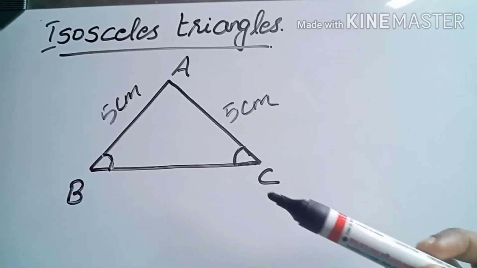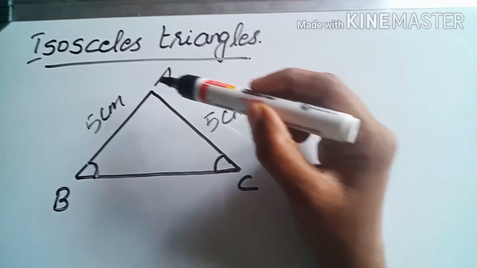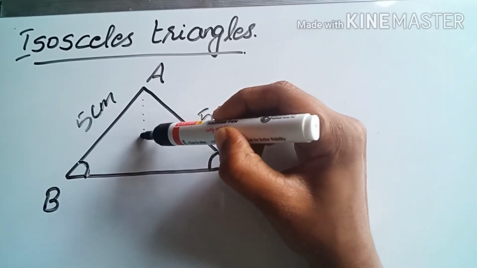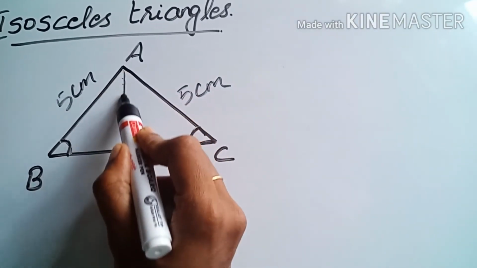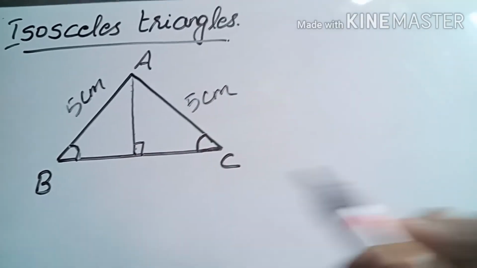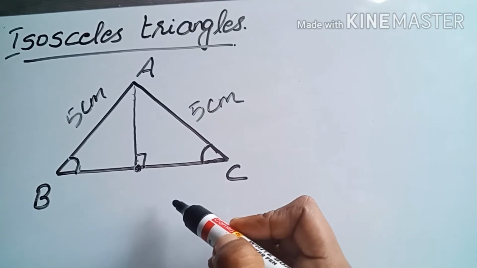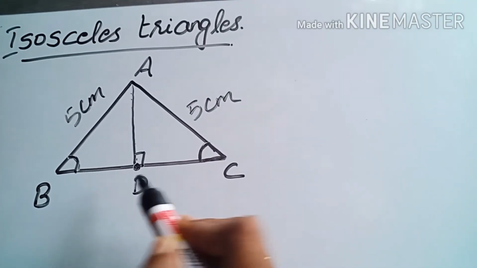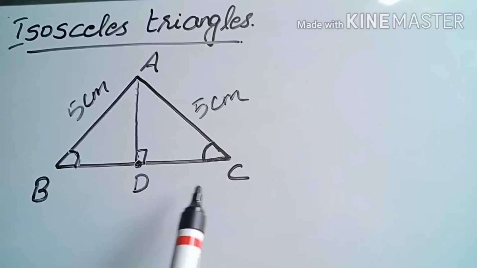And one more speciality: if we draw a perpendicular line from the upper vertex to the base, that perpendicular line will divide the base into two equal halves.